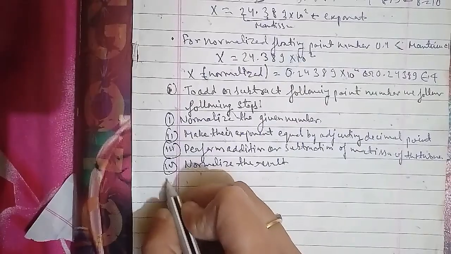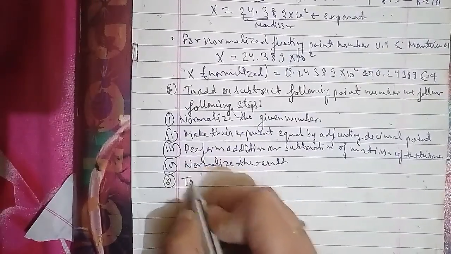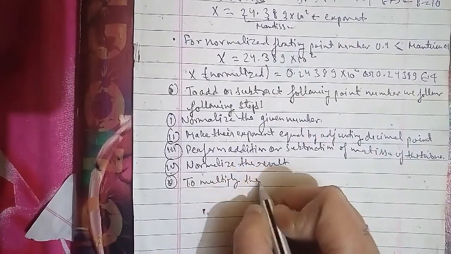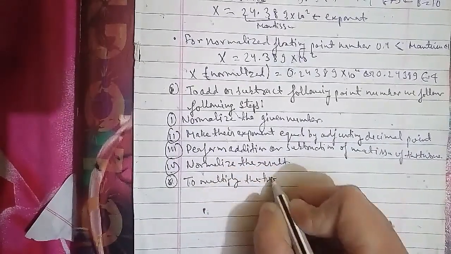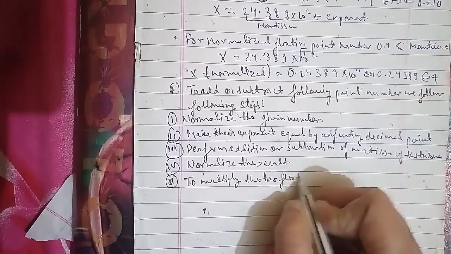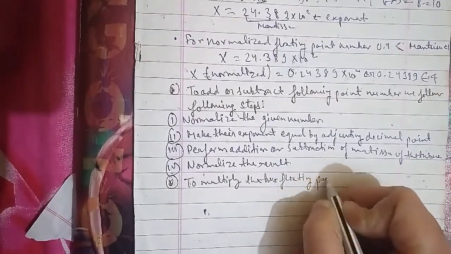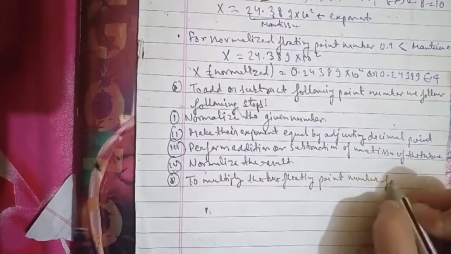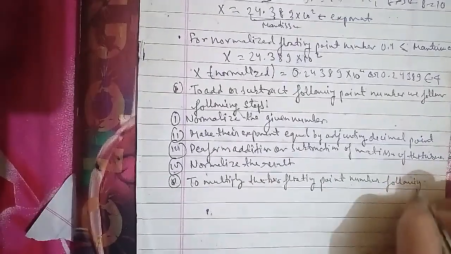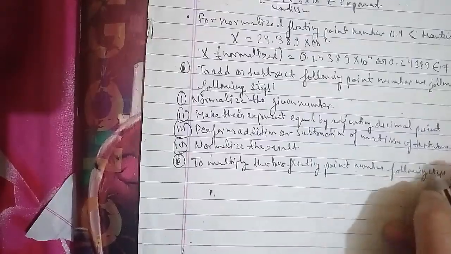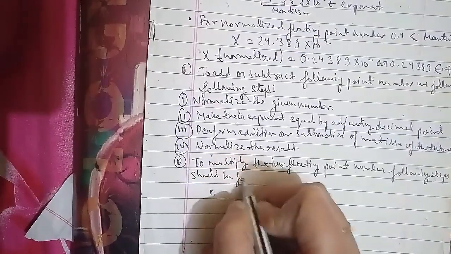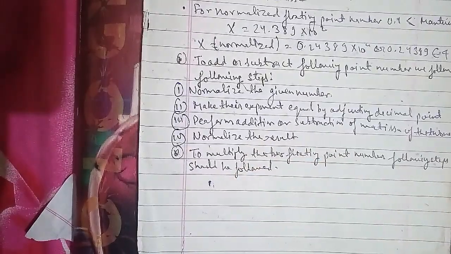What should be followed here? First, we have to multiply the mantissas of the two numbers. Second, add the exponents, and third, we have to normalize the result.